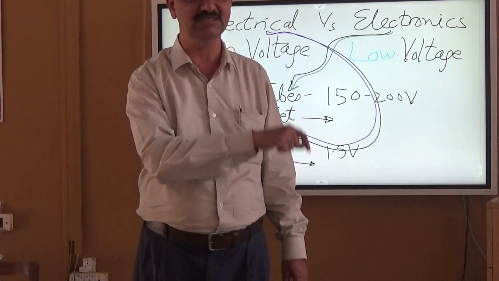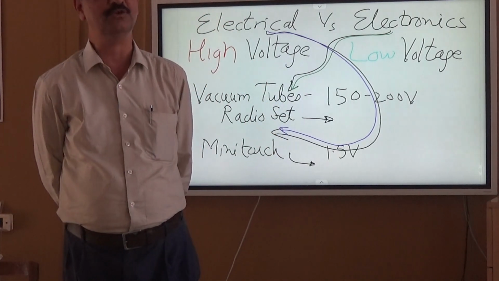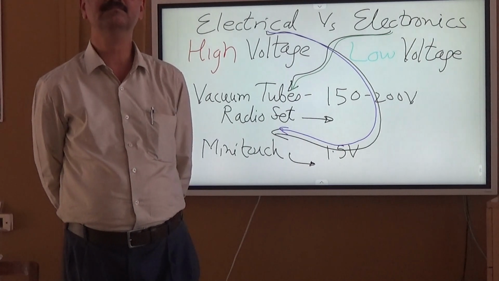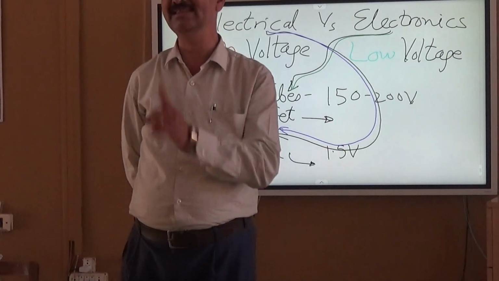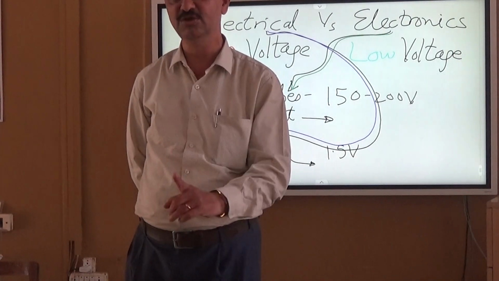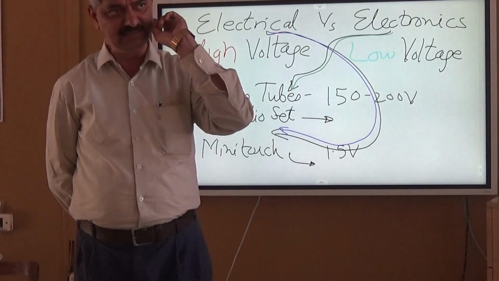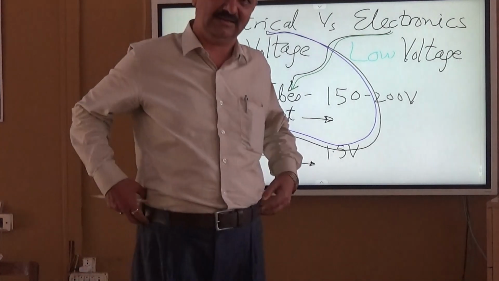And in electronics engineering, for what is the flow of electrons used? In both things, the common thing is that it is the electrons which flow. Electron flow is fundamental.